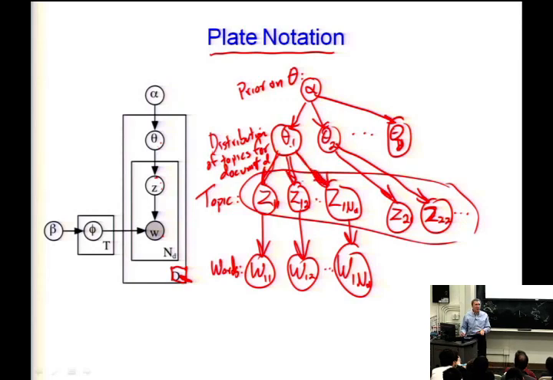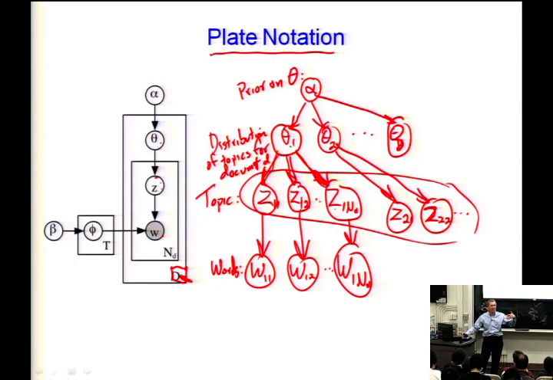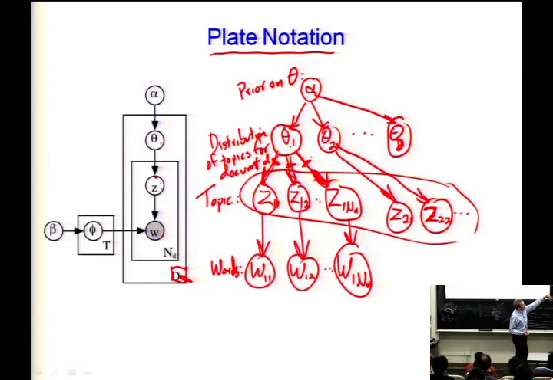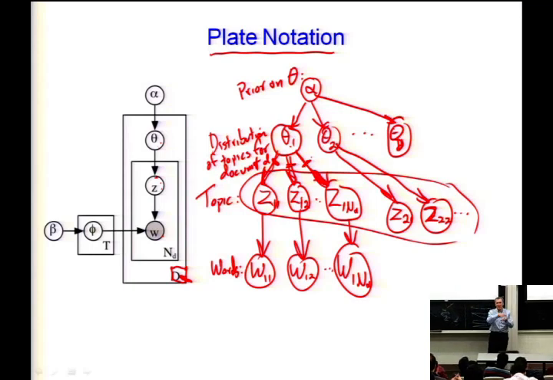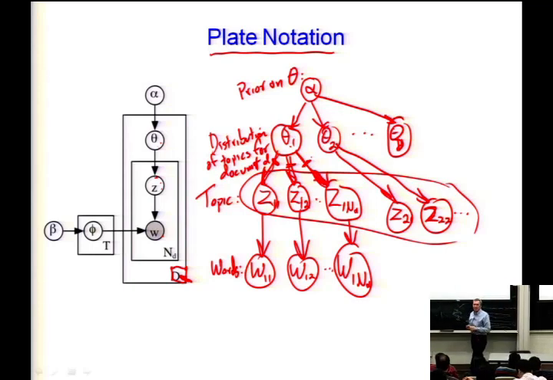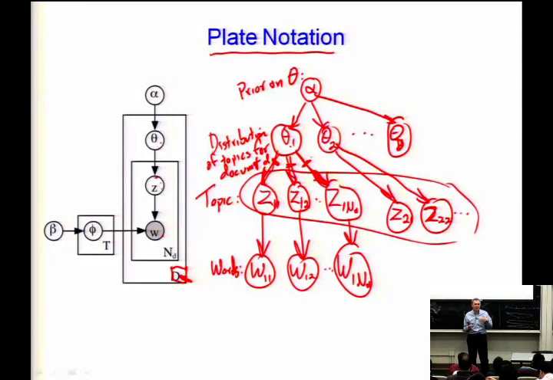If this were an arbitrary BayesNet, all these Z variables could have different conditional probability tables saying how they depend on their parents. But if it's a plate, that means the probability table on this edge and this edge and this edge are all shared. They're all the same. So these are literally copies, not just of making another copy of a Z variable, but also using the same distribution, Z given theta.